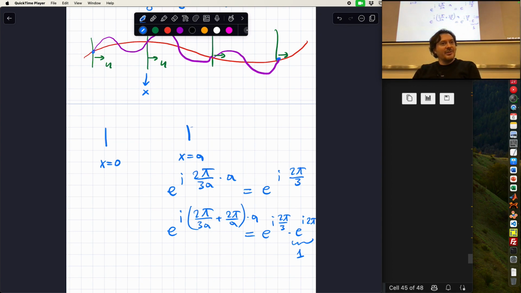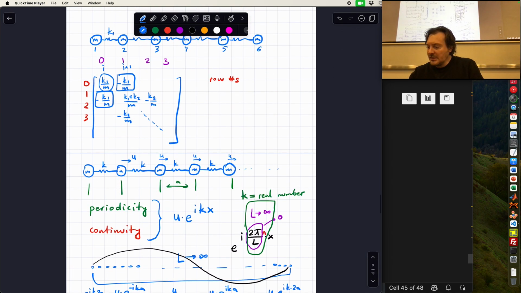Does it make sense now? So there is a limit after which you don't want to increase k anymore because it doesn't make sense. And that limit is when continuity hits periodicity.